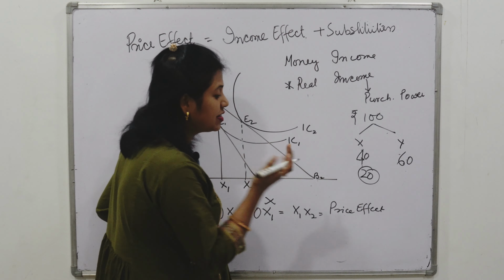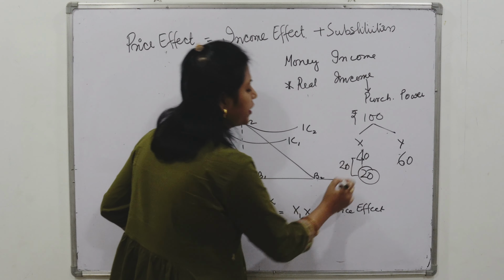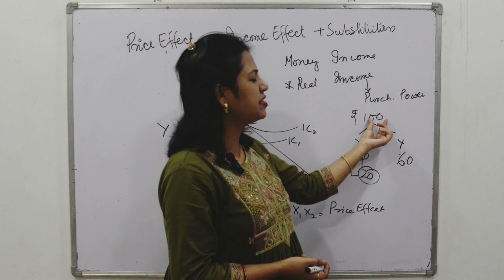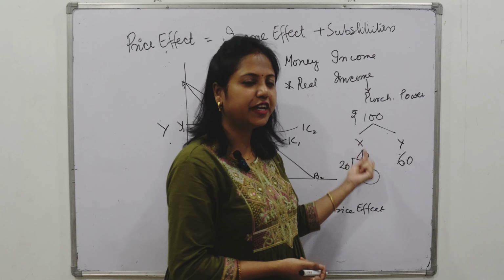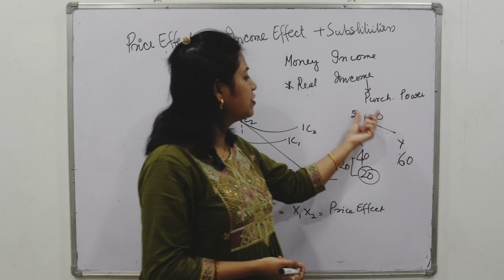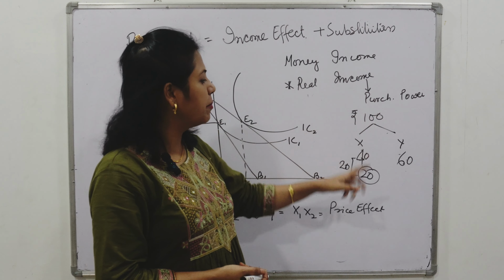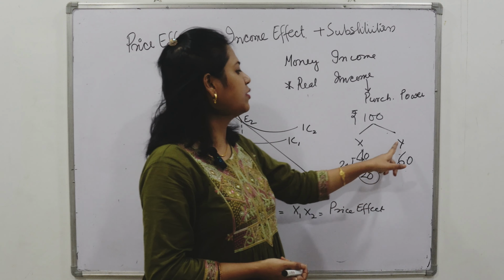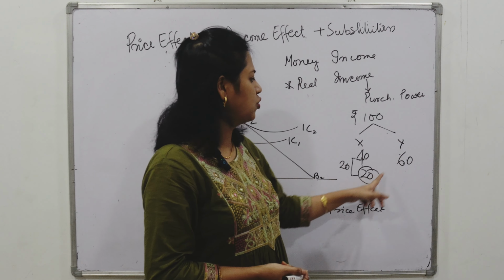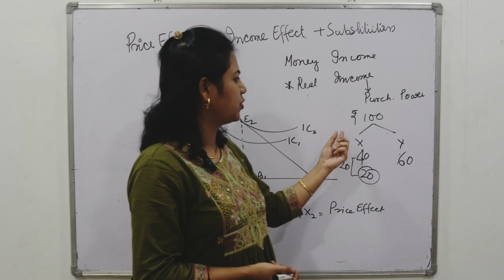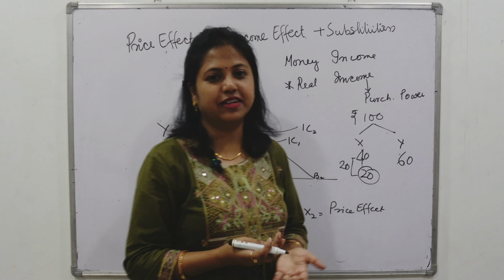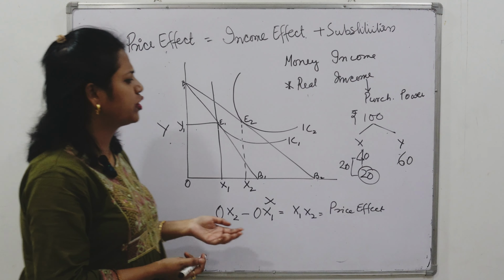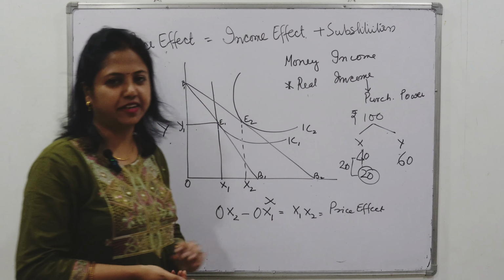So I am left with some extra income in my hand. Previously with 100 rupees I was spending 40 on X and 60 on Y, but now since the price has dropped, I get the same X at rupees 20 and Y at rupees 60, so the total is 80, so I have a surplus of 20, so my real income has increased. Okay, so because of the rise in real income, maybe I'm going to buy more of commodity X.